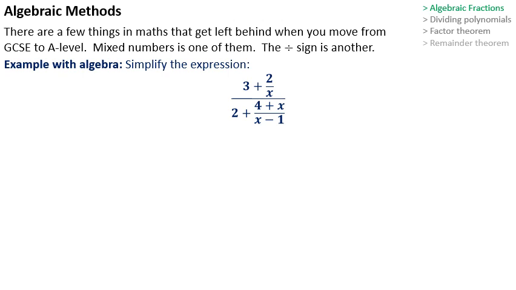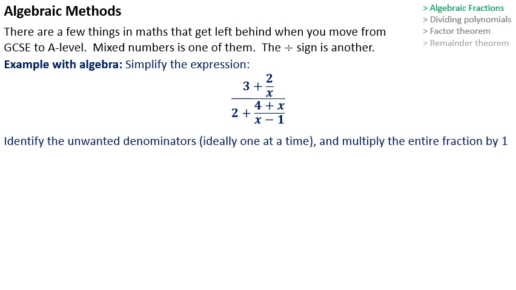The first thing we do is identify the unwanted denominators, usually one at a time so we don't confuse ourselves too much. We pick out a fraction within the main fraction and we say, I don't want this fraction to be there. And we can always get rid of that through multiplication. We multiply by the denominator and that fraction magically disappears and turns into just its numerator.